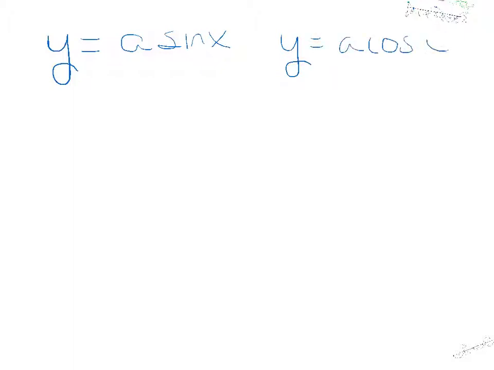This fits the pattern y equals a times the sine of x, or y equals a times the cosine of x. We say that the absolute value of a is the amplitude. Amplitude is always positive.